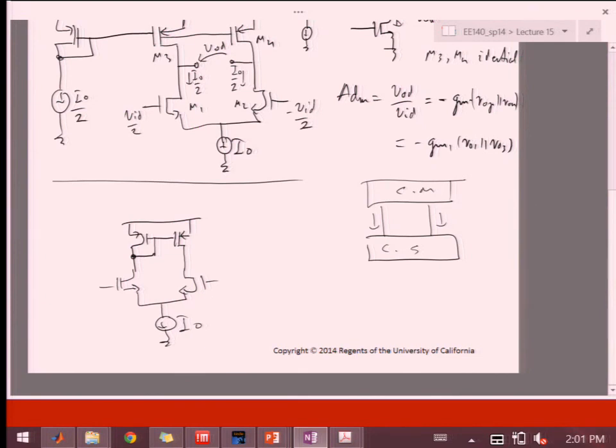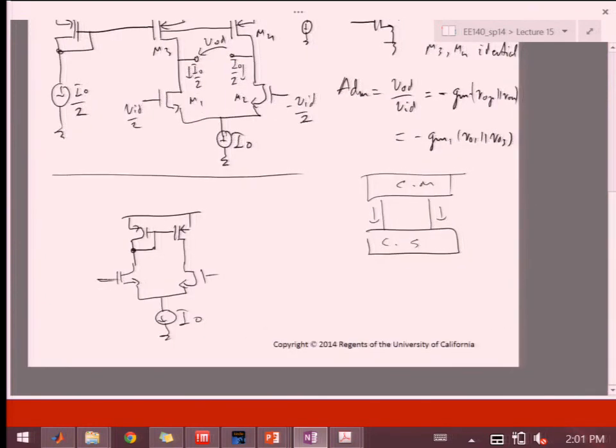Okay. So in the case where there's no differential input, so let's say we have VIC on both sides, I have I0 over 2 here, and that's mirrored to I0 over 2 here. So that is a possible solution, right?